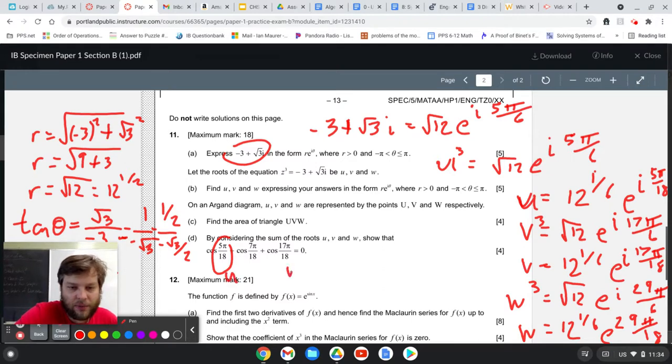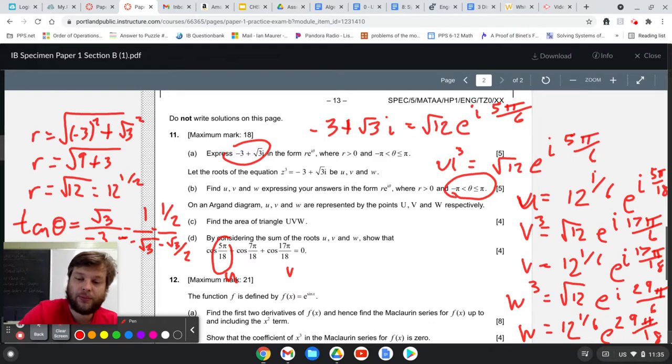Now you might have noticed that here was our angle for u on part D, and then here is our angle for v, but instead of getting the 29 pi over 18, there's a 7 pi over 18 on part D. So that's a little bit of a clue that something is weird here. And if I look back at my instructions, my angle needs to be between negative pi and positive pi, and this is not. So what I can do is subtract 2 pi from it.